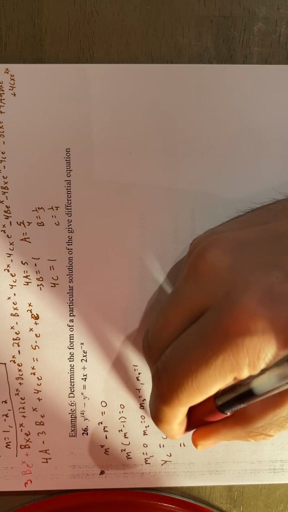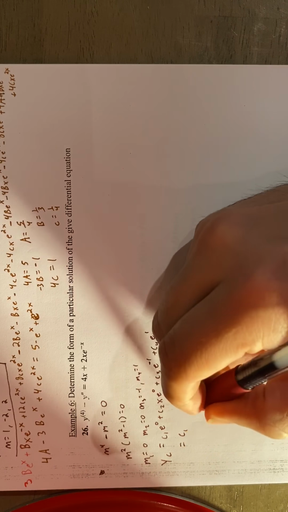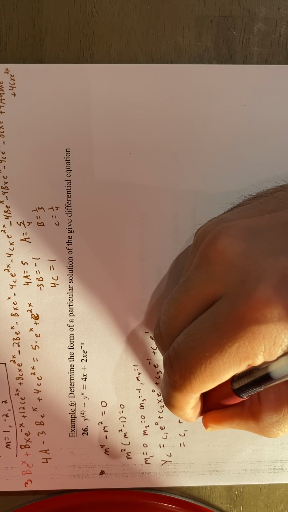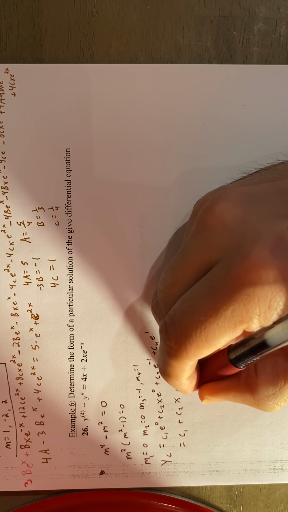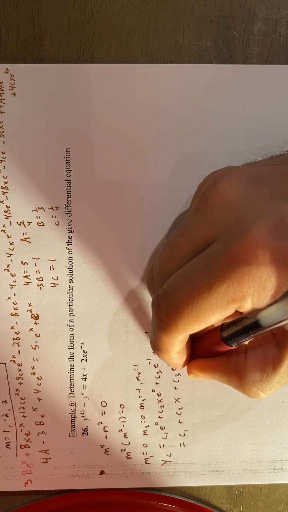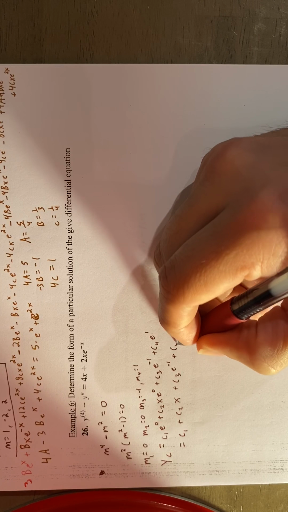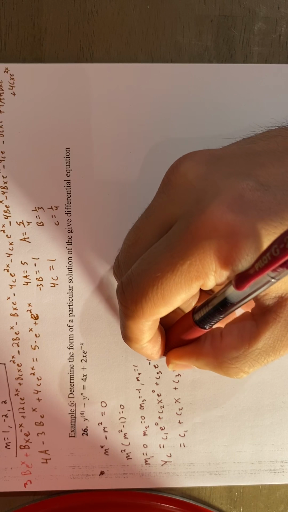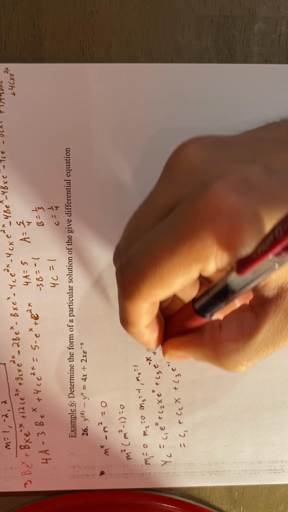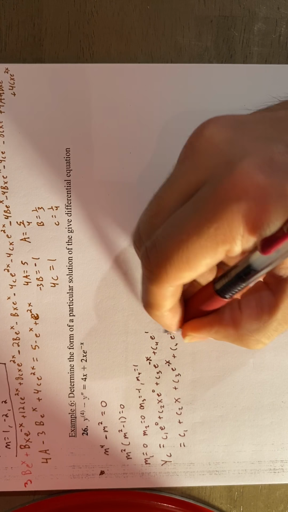And looking at that, I'm just going to have c sub 1 plus c sub 2 x plus c sub 3 e to the negative x plus c sub 4 e to the x.